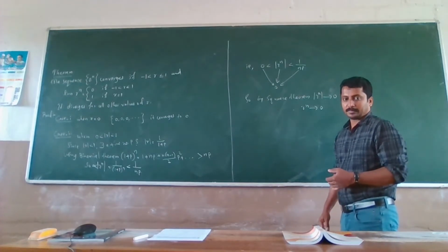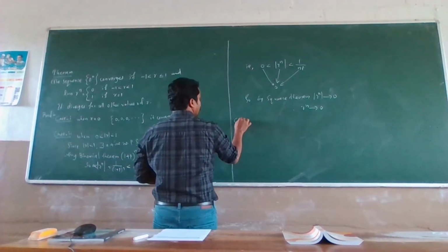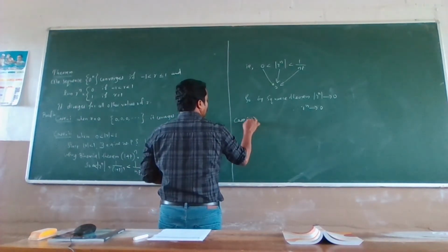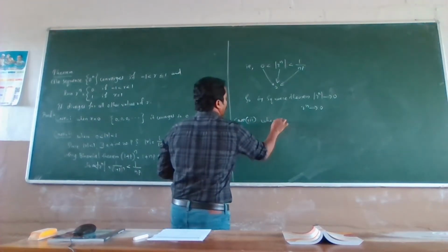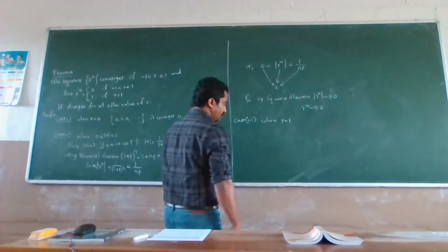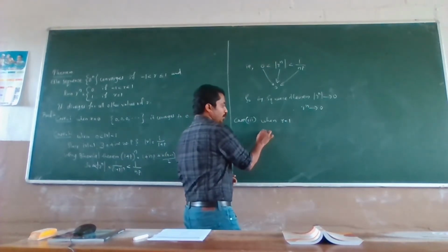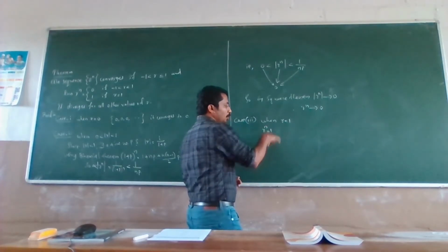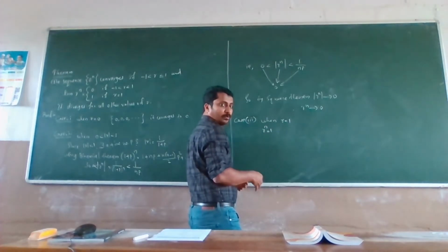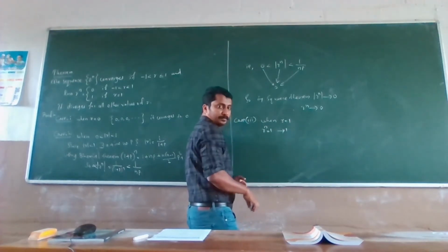Right? Now, the third case, case 3, when r is equal to 1, all the terms of r raised to n are equal to 1, since 1 raised to n is equal to 1. So definitely the sequence converges to 1.